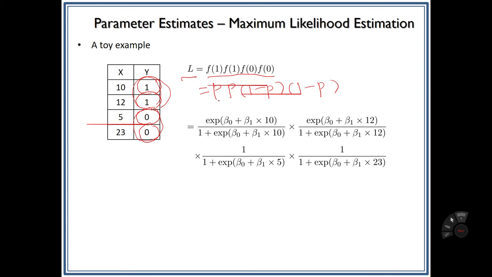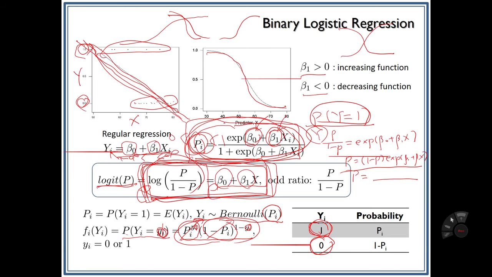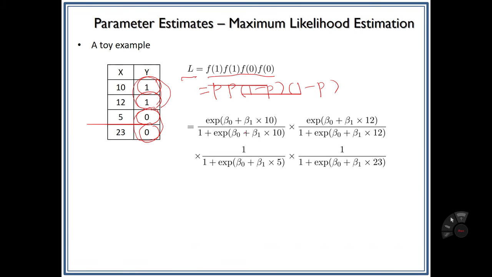Because we use this formula, do you remember that? This formula, p equals exponential beta 0 plus beta 1 x over 1 plus exponential beta 0 plus beta 1 x. You just simply plug that formula here, okay?